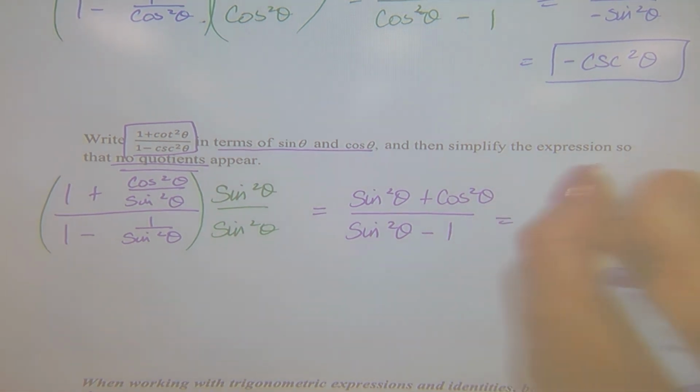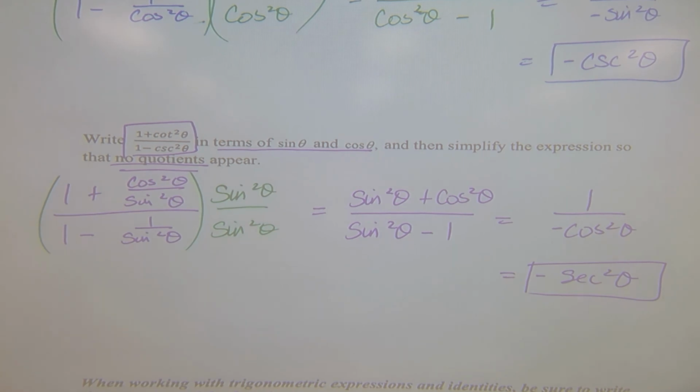We're using our main Pythagorean identity again. And simplifying.